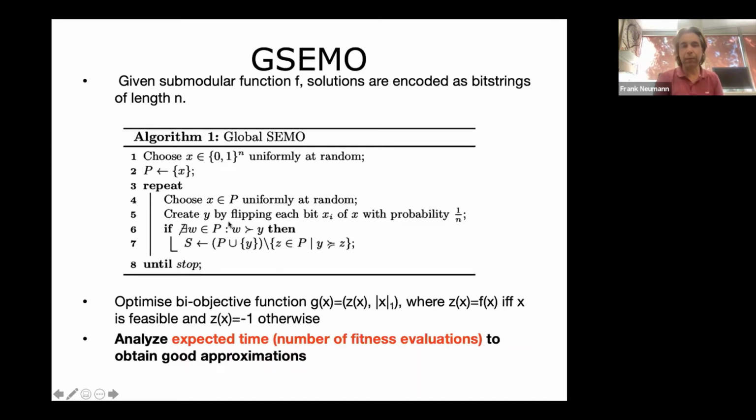What is not embedded is the time to do mutation, the time to do selection and all that stuff, because in the black box setting, you assume that the fitness evaluation is the most costly part. And if we have to run some simulations, then this is the dominating factor.